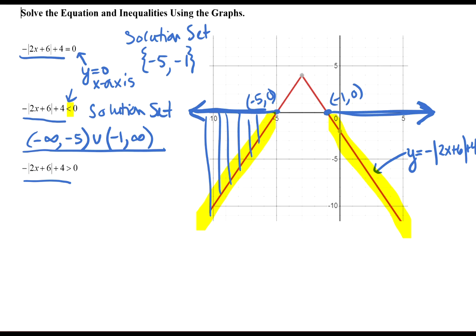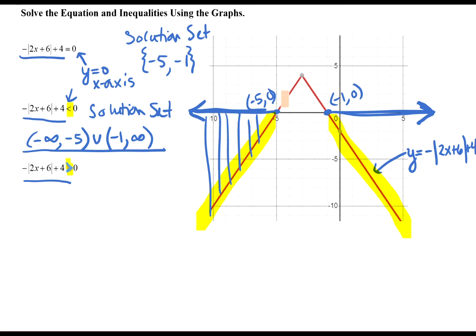The last statement here has a greater than. Whoops, I was trying to use a highlighter and it didn't work out very well. So this was originally a greater than symbol: the absolute value expression greater than 0. And then we want to consider when it is above the x-axis.